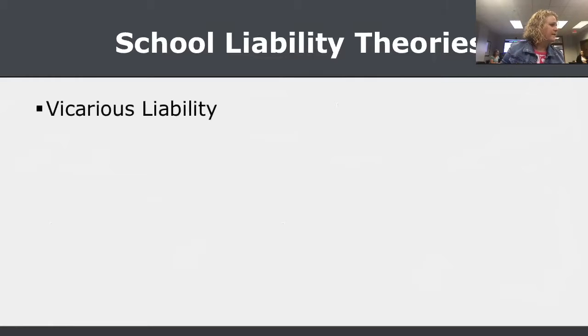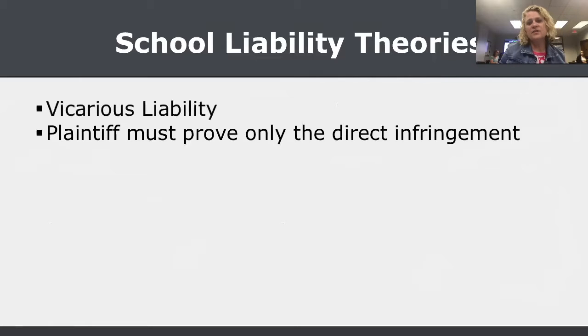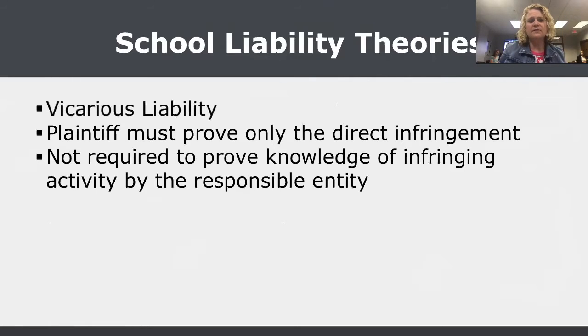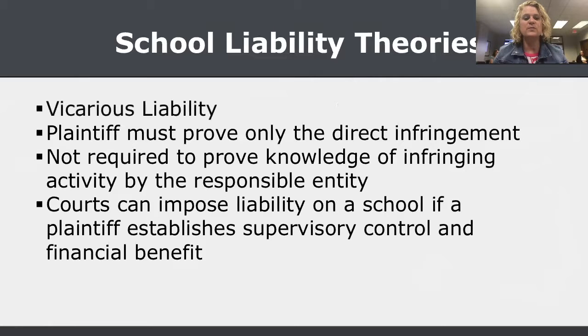You can also be vicariously liable if the other person has to prove, the plaintiff has to prove that it was direct infringement. You don't have to prove that you knew that the other person was responsible. And they can also impose liability on you if you get any financial benefit or if you have supervisory control.